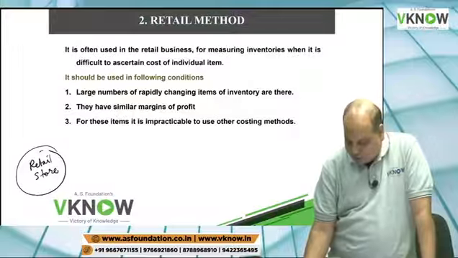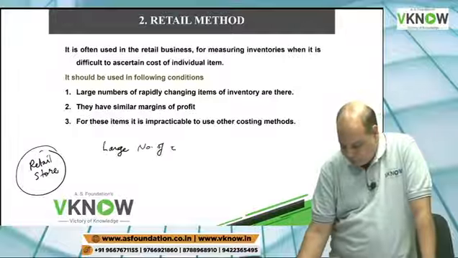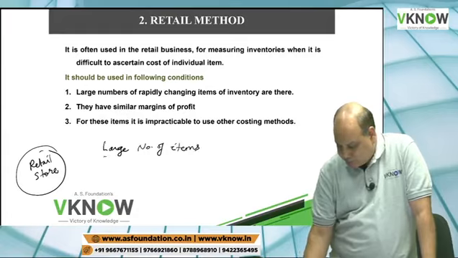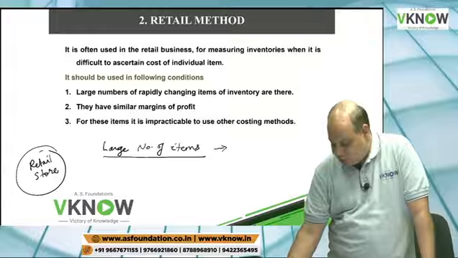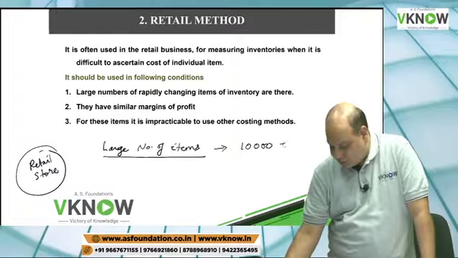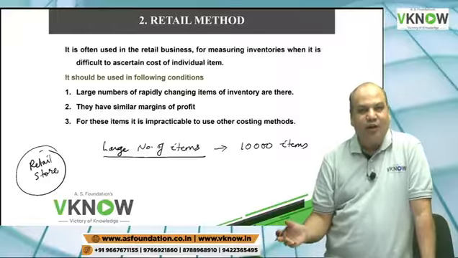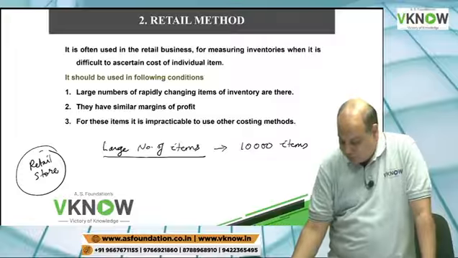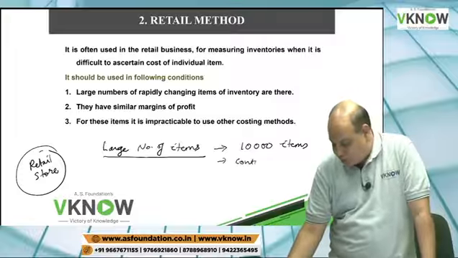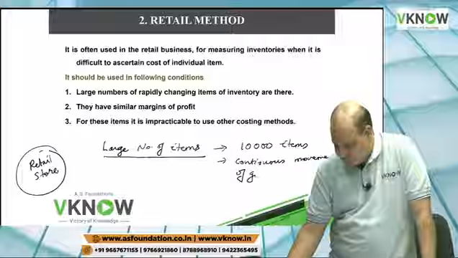So if you see, there are a large number of items. In fact, in some stores you have more than 10,000 items of different varieties, different color, shape, size. Then there is continuous movement of goods.